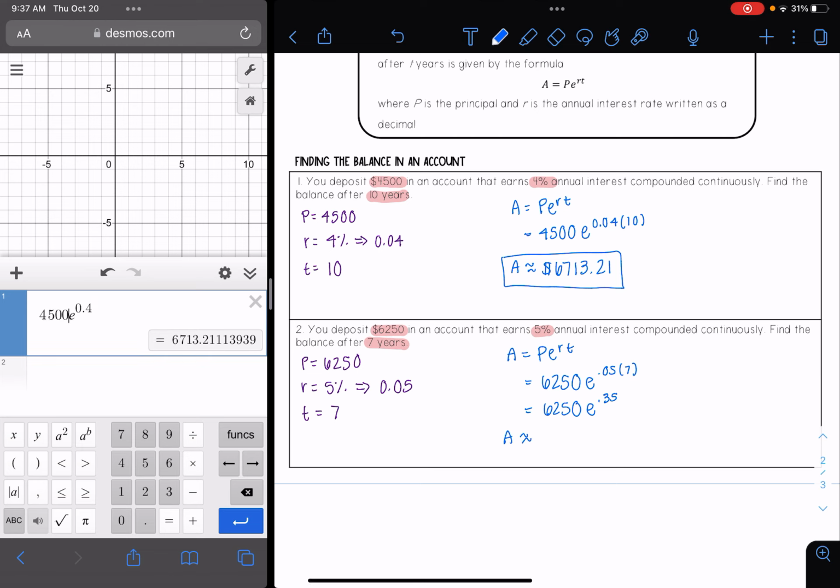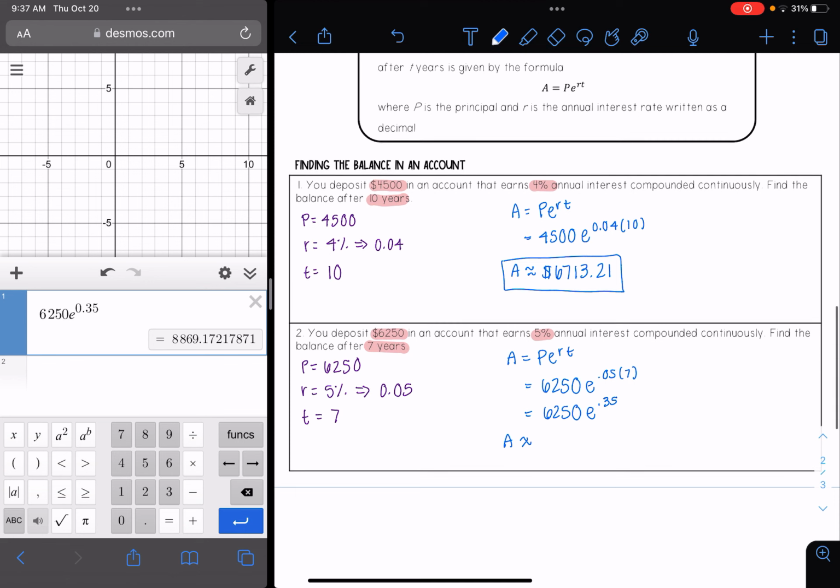And now putting that into here, I have 6,250 e to the 0.35, and I get that the account approximately has $8,869.17.